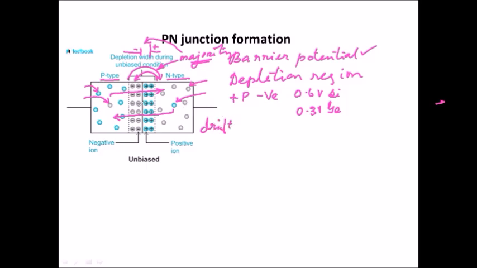And due to drift, due to charge carriers movement, there will be a current flow which is called drift current. So drift current is a current flowing in the PN junction due to minority carriers. The majority carrier current is called diffusion current.